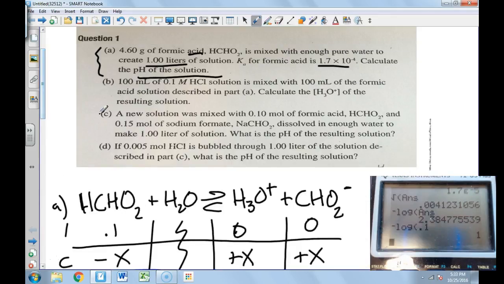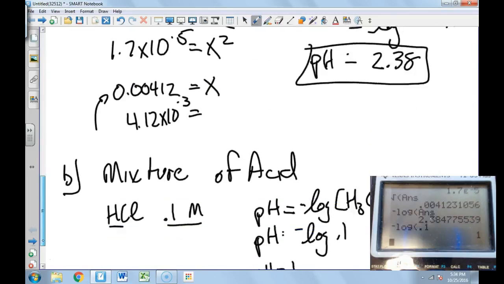Okay. So now for part C, it says a new solution of formic acid and sodium formate. So now that we have formic acid and sodium formate, that is going to give us a buffer solution. It's a weak component, in this case a weak acid, mixed with the salt of the weak acid. That's a buffer.